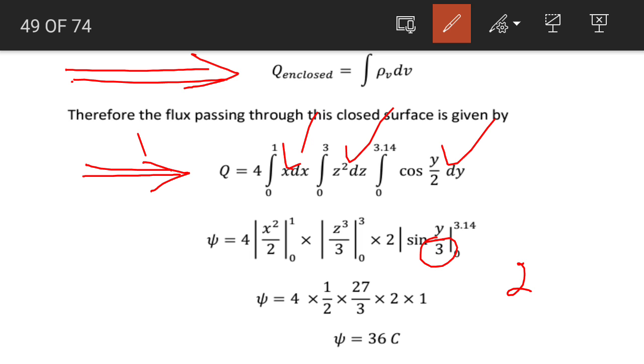So we put the limits on the right hand side of this particular equation. So the charge enclosed by the closed surface will be 36 coulomb, and according to Gauss law, the flux passing through this closed surface in the outward direction will be equal to the charge enclosed by the closed surface. So the flux passing through this closed surface in the outward direction will be 36 coulomb.